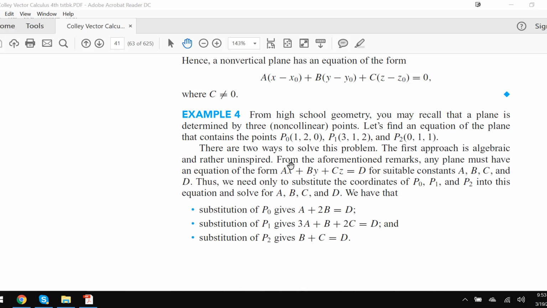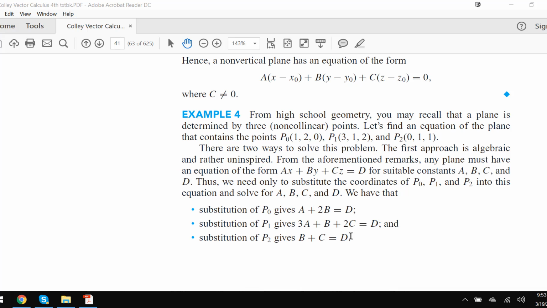So if I put in 1 for x and 2 for y and 0 for z, then I'll get this equation here. If I put these coordinates in, I'll get this equation. And if I do this one, I'll get this equation.